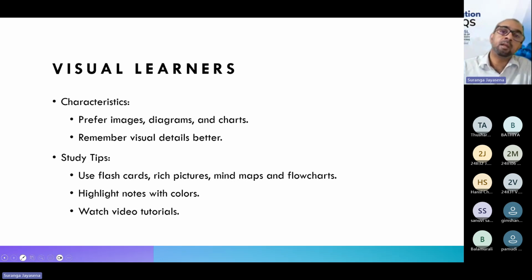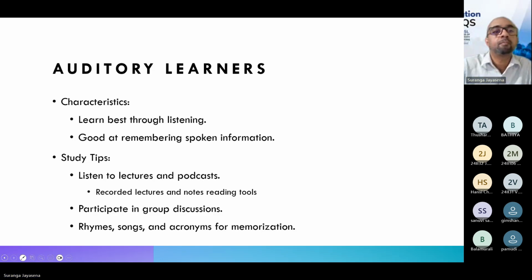Right. Then there are auditory learners. So they learn basically through listening. Right. So they are good at remembering and understanding when somebody explains. Okay.